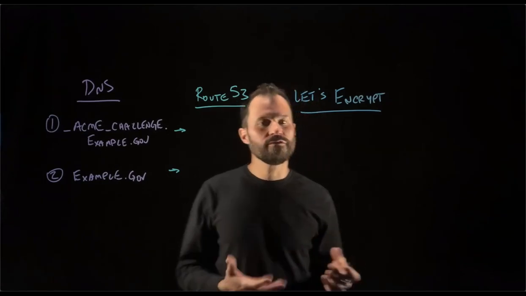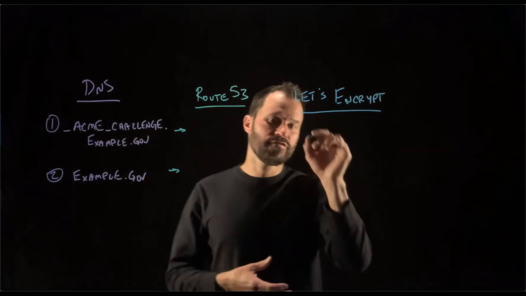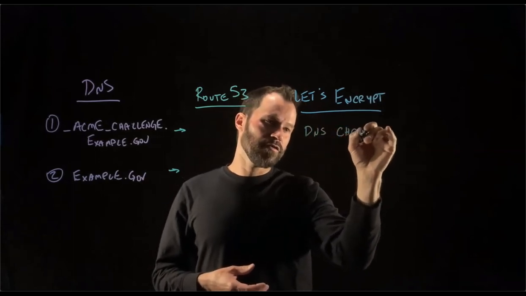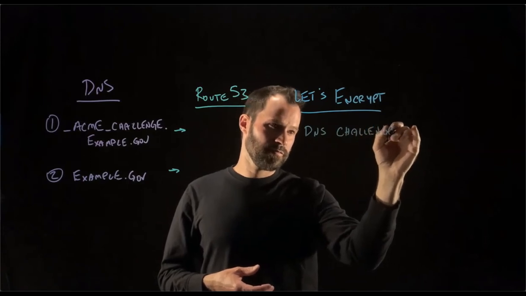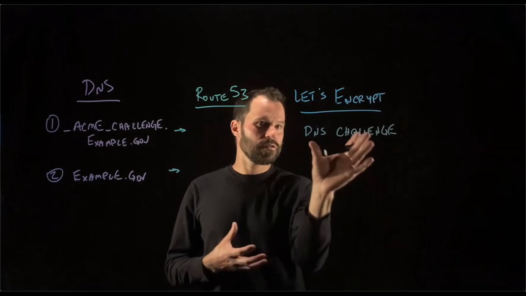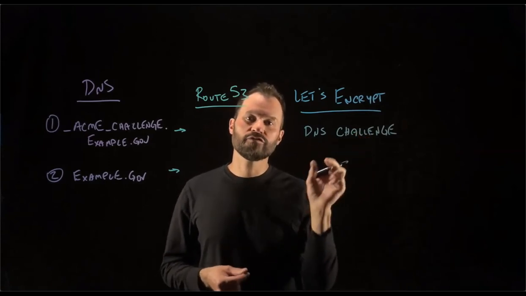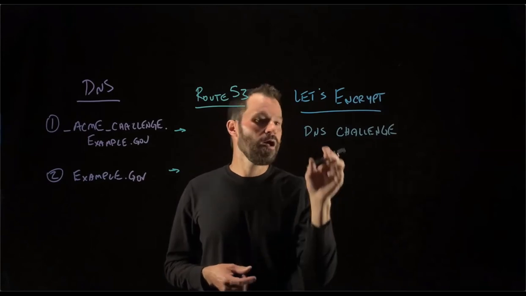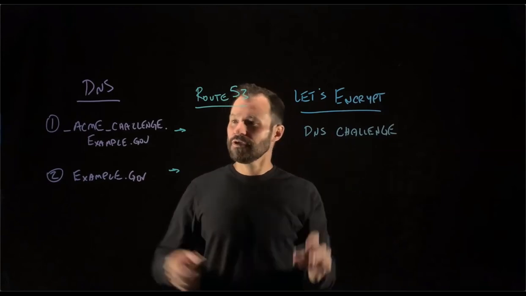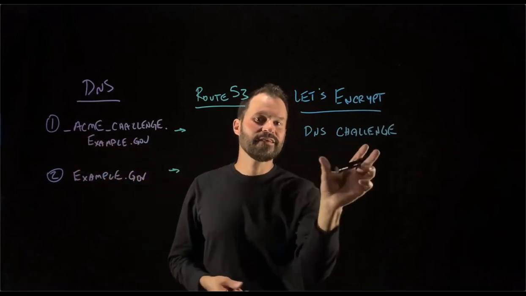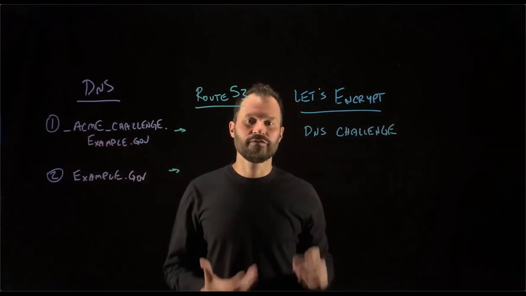Now, in order to do that, Let's Encrypt issues a series of challenges. And so in our case, we get issued a DNS challenge. What that DNS challenge says is Let's Encrypt servers want to be able to reach out and do a name service resolution on a specific entry, in our case _acme-challenge.example.gov, and see the value that they tell you to set.